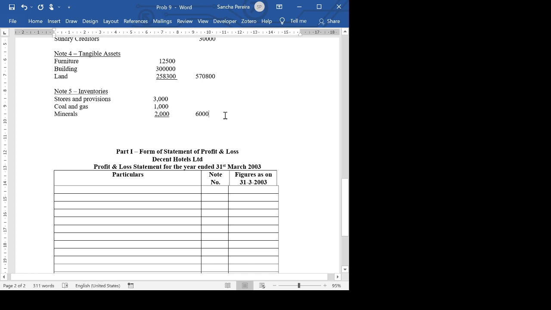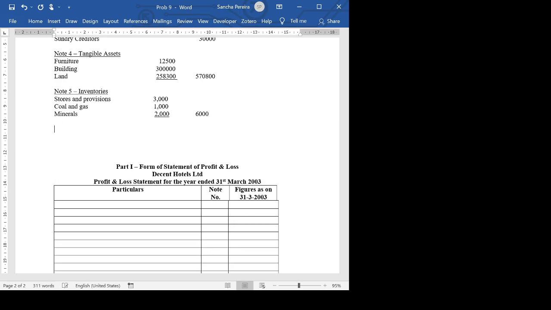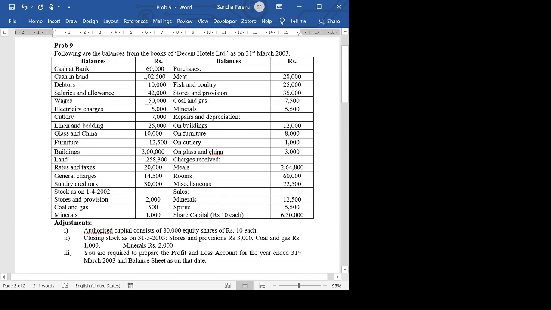Okay. So we are doing current assets now. Current assets, the first item is current investments. Then we have inventories. Then we have trade receivables. We have something under trade receivables.